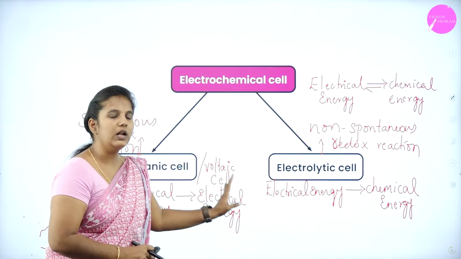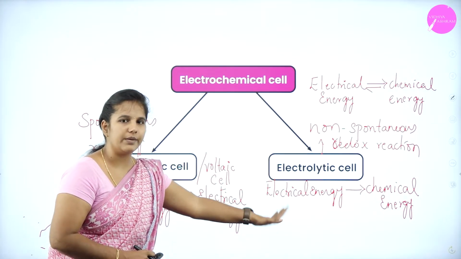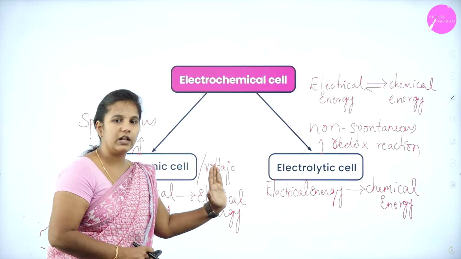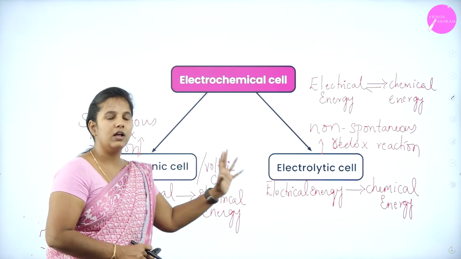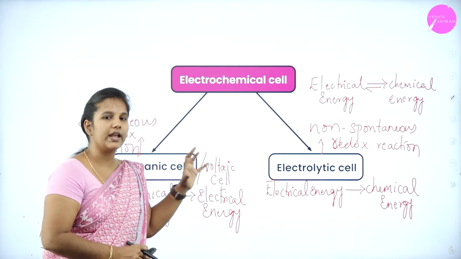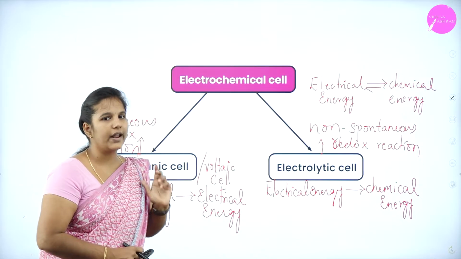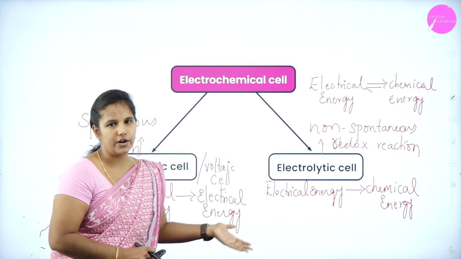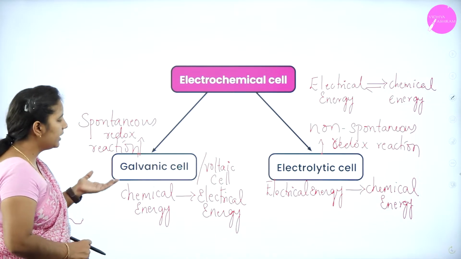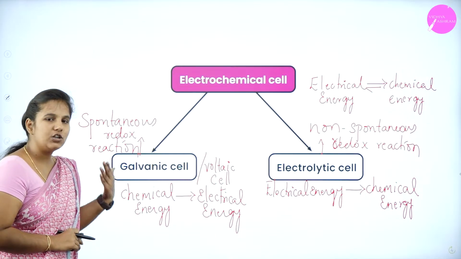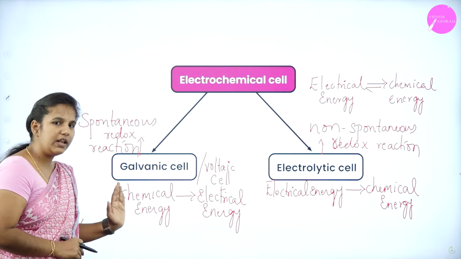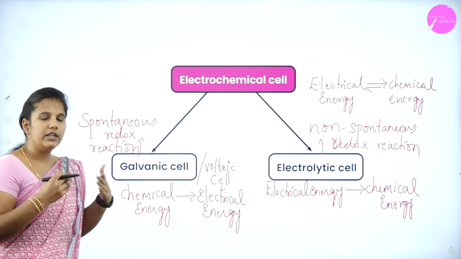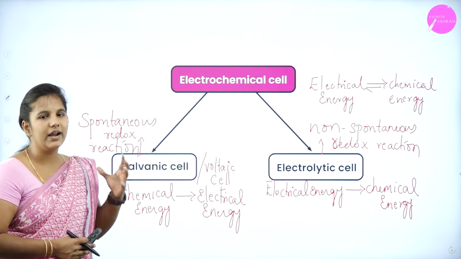This is the cell which converts electrical energy into chemical energy, and in this type of cell, they need extra energy to carry out the entire reaction. Hence it is named a non-spontaneous redox reaction. Coming to the galvanic cell, here it always converts chemical energy into electrical energy. For this kind of cell, they do not need external energy.